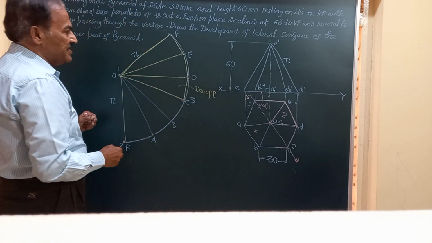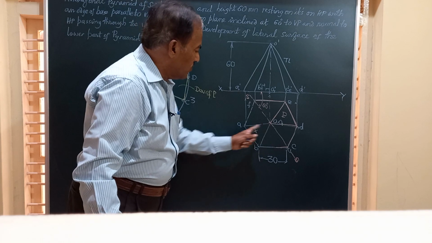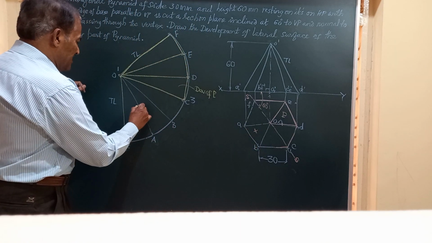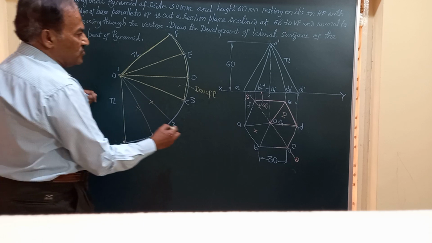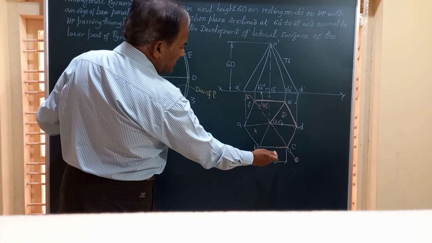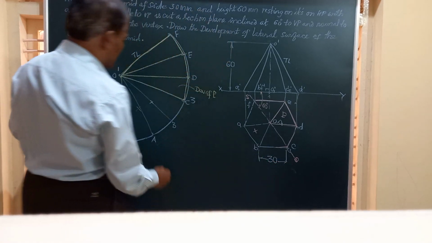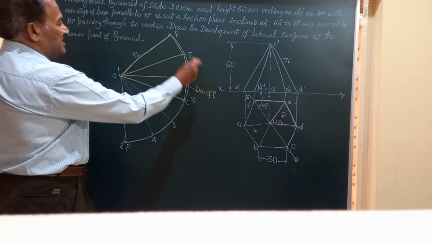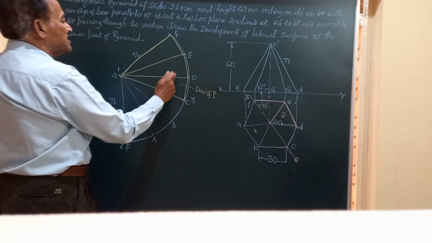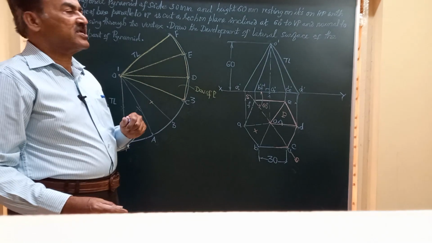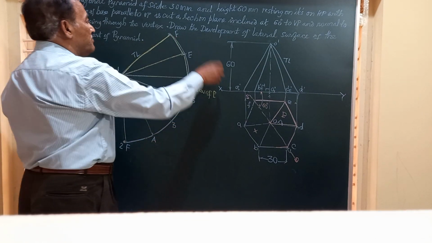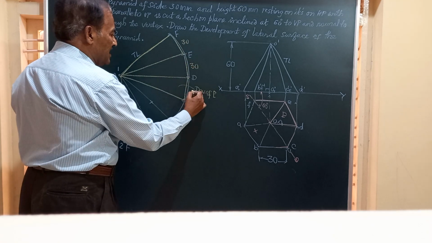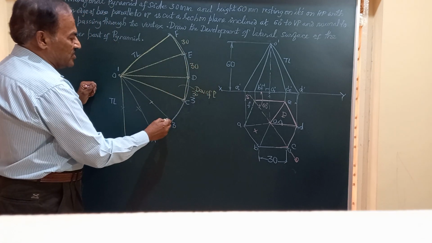And if you observe, friend, in the development, OA, OB are totally removed. So OA is removed, OB is removed, and this OF and OC are also removed. So you are going to have only this much portion as the development. That is, these 3 triangles which are isosceles in nature and having base edge equal to 30. This is 30, 30 and 30. This part is totally removed.